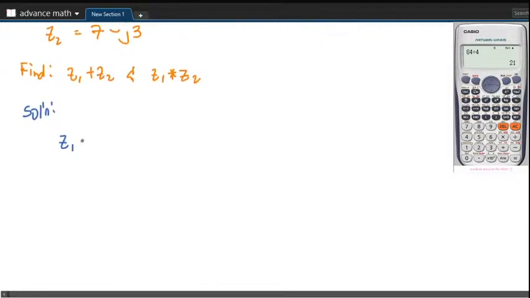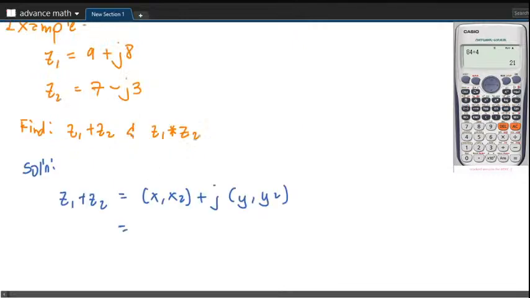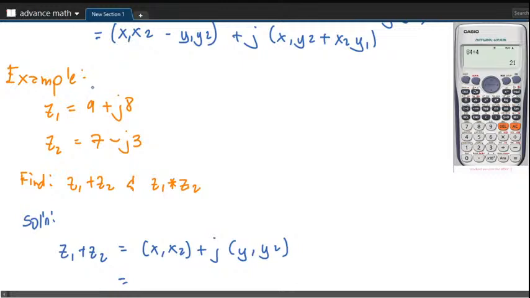For z1 plus z2, okay, we will have this one as x sub 1 x sub 2 plus j y sub 1 y sub 2. So in our given, these are the x's, or that is the real part, and this is the imaginary part.